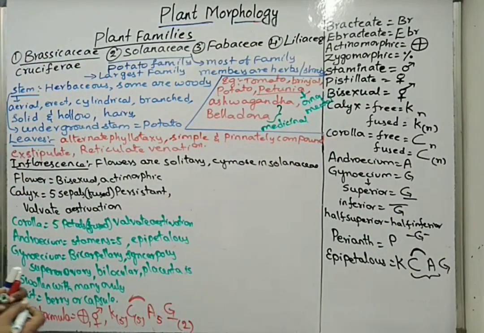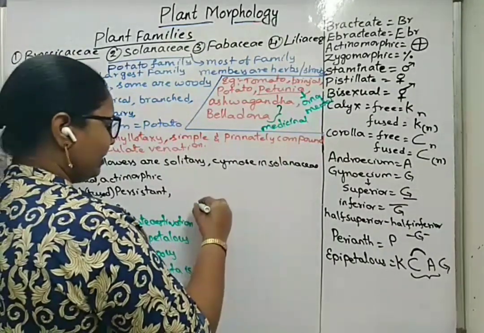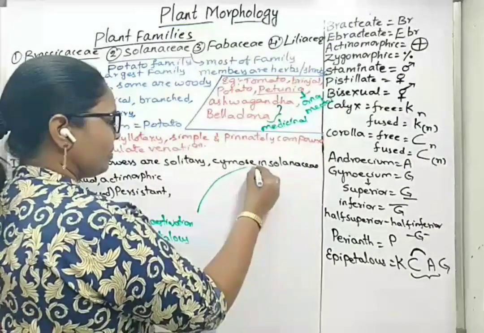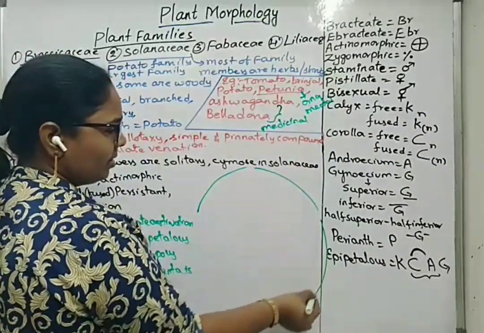So these are examples. Coming to the floral formula, we said that there are 5 sepals. 1, 2, 3.